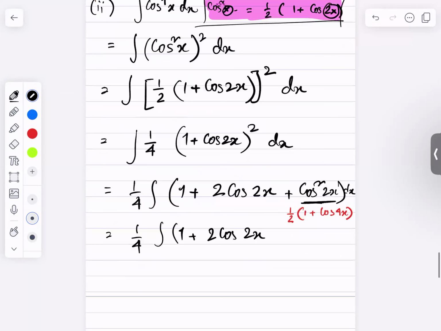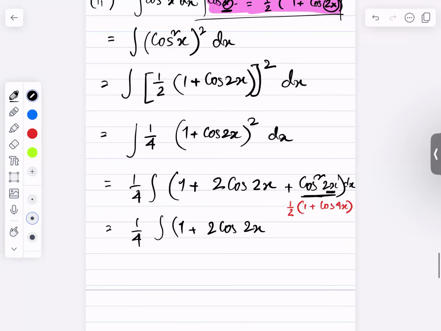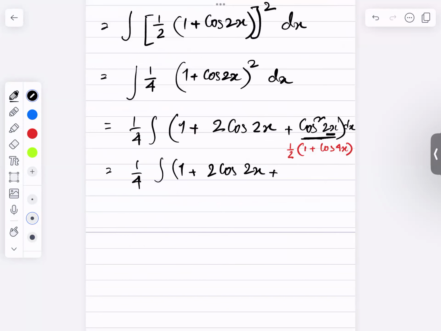So if I replace this x with 2x, then I should have 4x on the right. Anyway, so this is plus half of 1 plus cosine 4x.